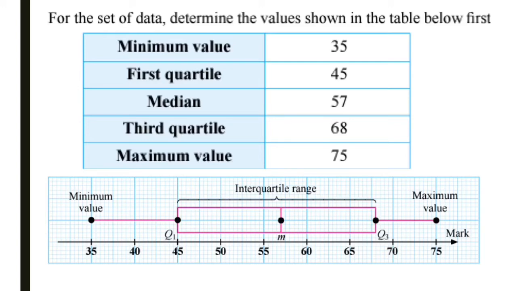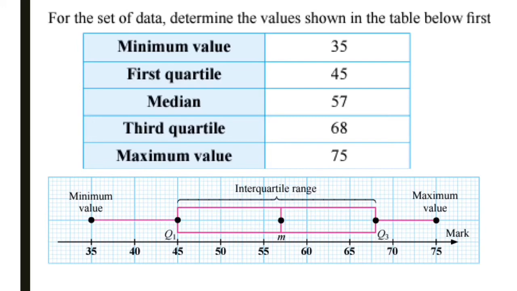After we label the minimum value and the maximum value, the scale of the marks must be uniform. Then we start to plot the points for minimum value, first quartile, median, third quartile and maximum value, using a dot.